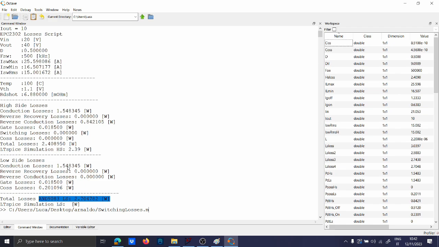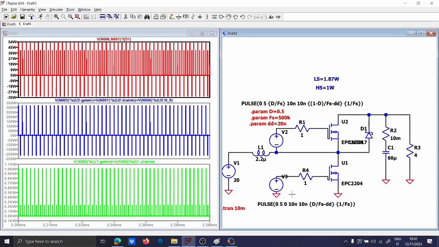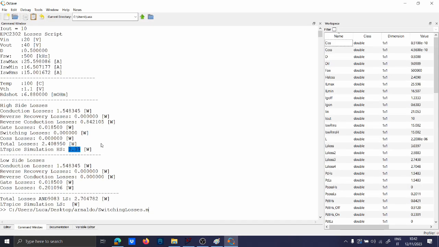And for the high side losses, we have 2.39. We are quite far, even though the formulas are like this. We are quite far.